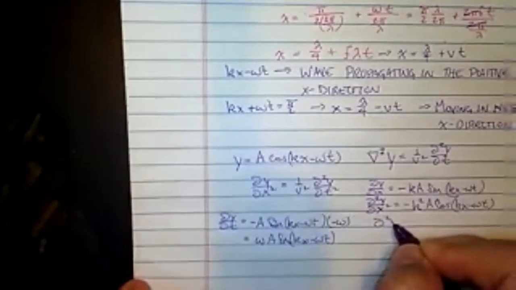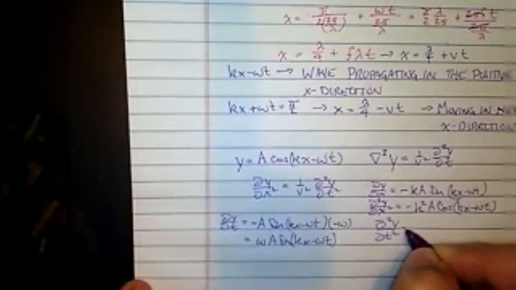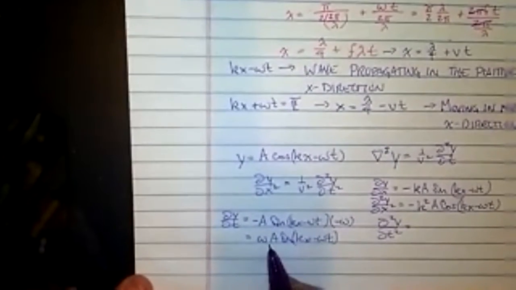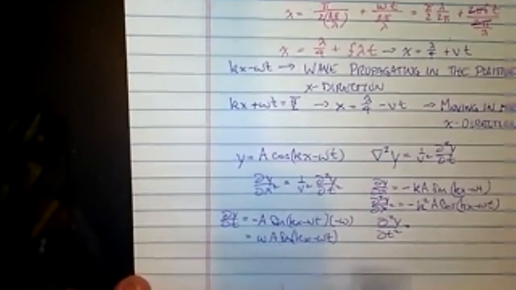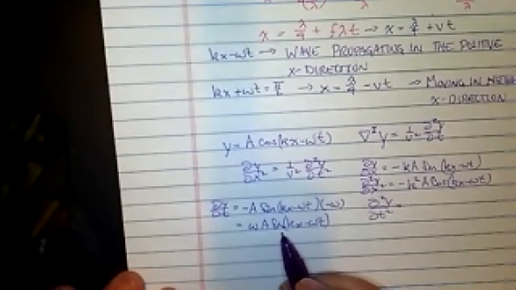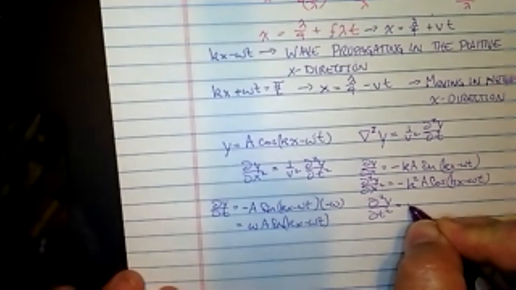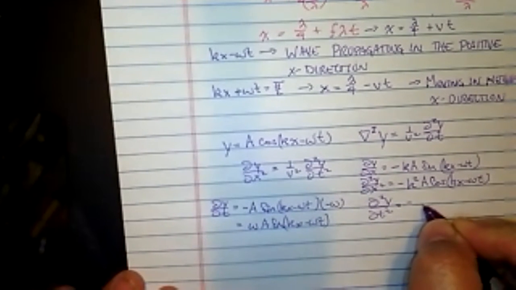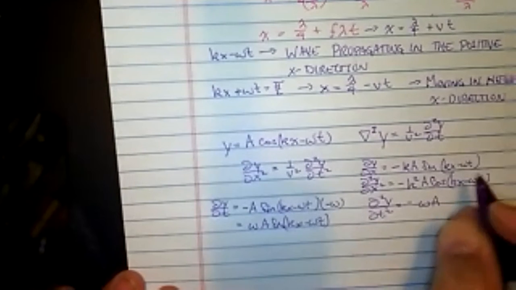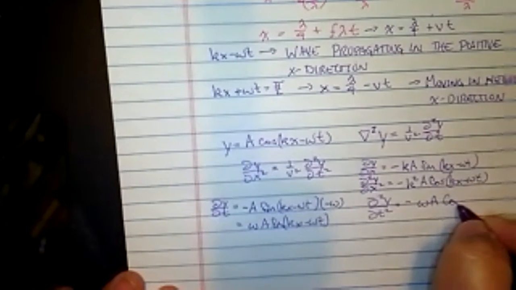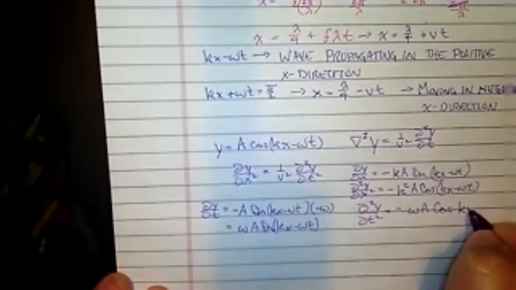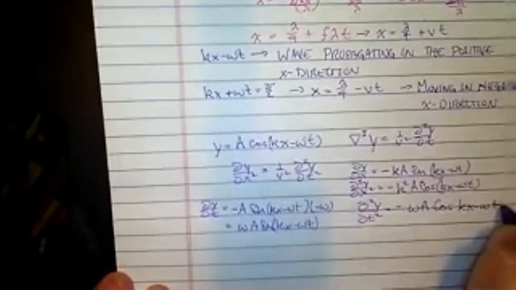Now the second derivative of y with respect to t squared is going to be the derivative of this with respect to t, which is clearly the derivative of sine u, and then the derivative of u with respect to t. The derivative of sine becomes cosine, and I get kx minus omega t again.